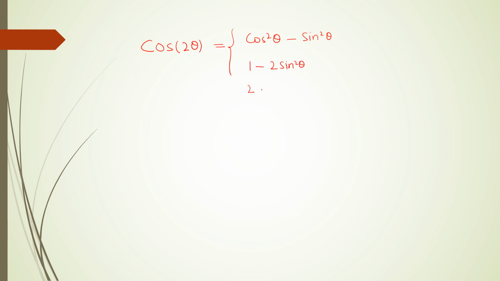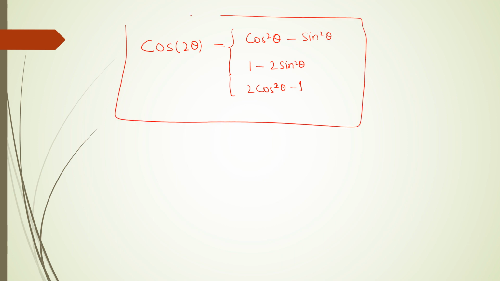And the third one was 2 cos square theta minus 1. These are the three identities which we have studied for cos 2 theta. Okay, so this was the first example. Now we will go for the second one.